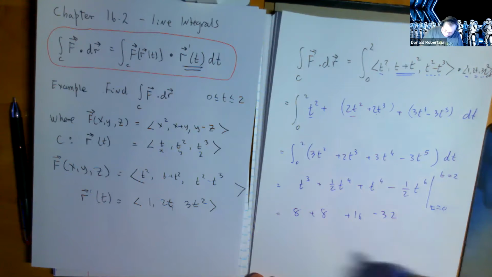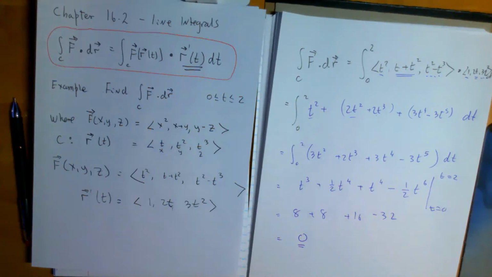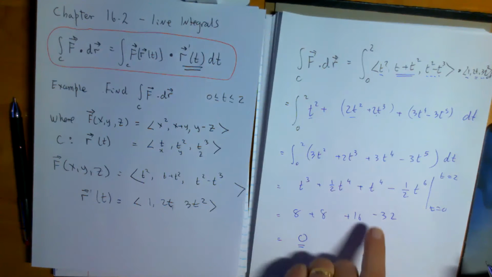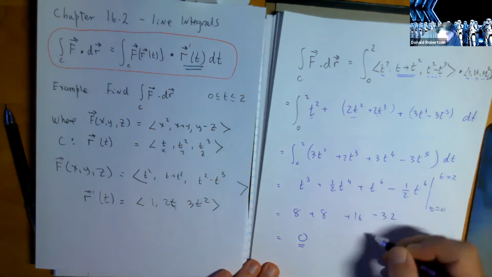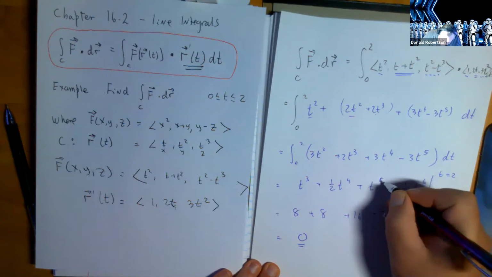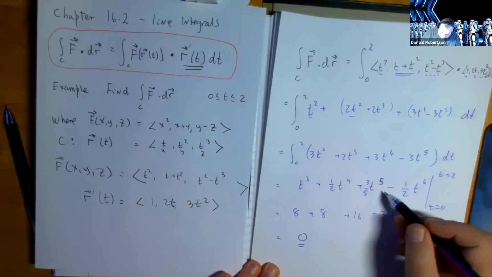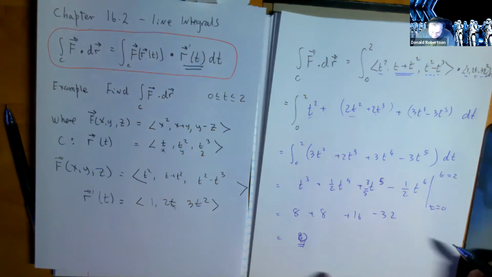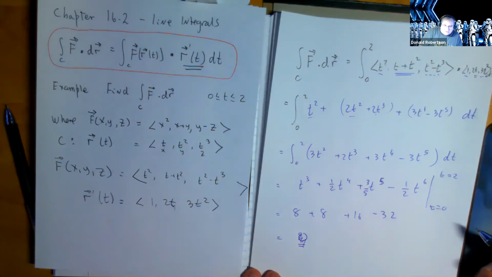Oh, that is so cool. Shouldn't that t to the 4 be 3/5 t to the 5th? Oh, that was such a nice answer. Yes, it is. That's going to screw this one up totally now. 2, 4, 8, 16, 32, 64. 3/64 is 192/5.